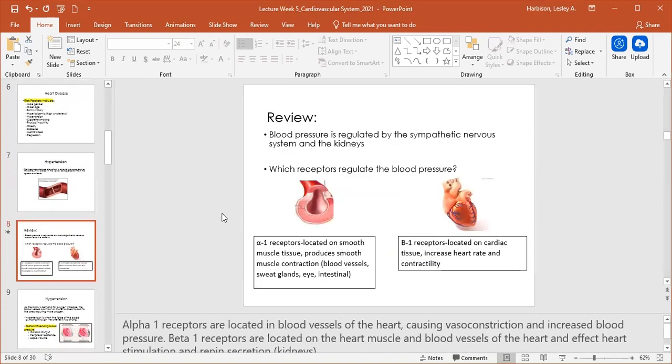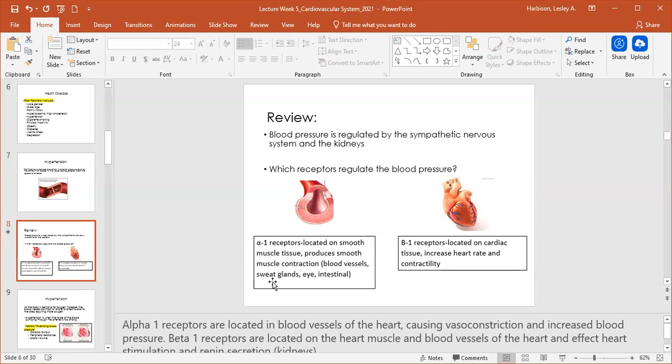Blood pressure is regulated by the sympathetic nervous system and the kidneys. So that whole RAS system, the renin, the angiotensin cascade, that is a system that is initiated by the kidneys, or the kidneys are a part of that. So which receptors regulate blood pressure? Well, alpha-1 receptors located on smooth muscle tissue produce smooth muscle contraction.